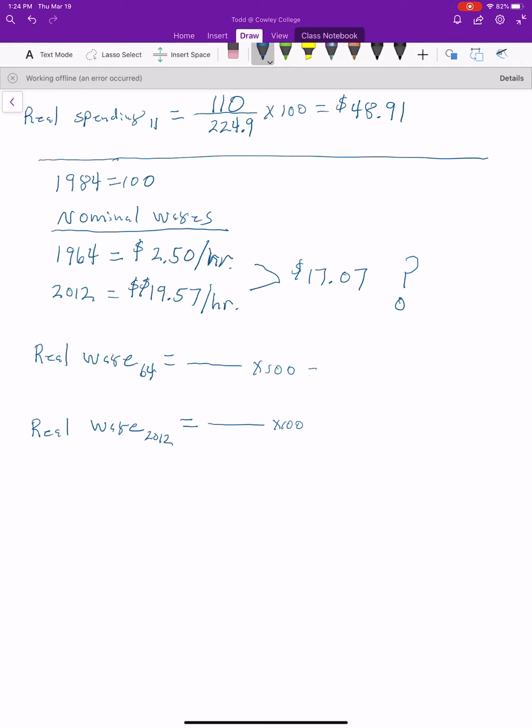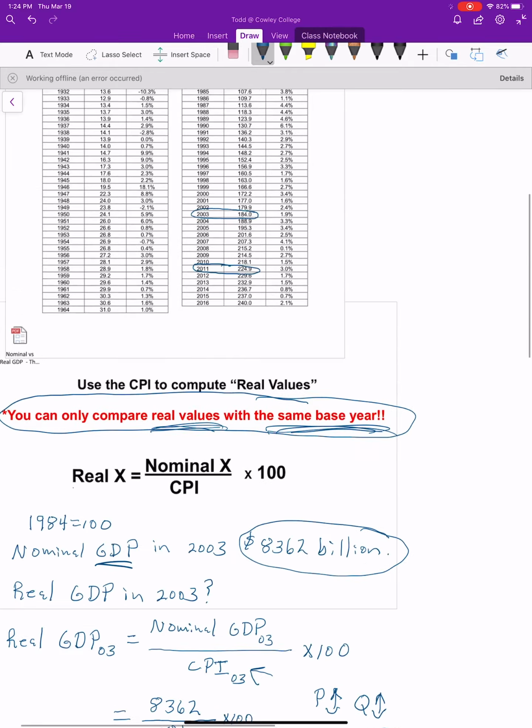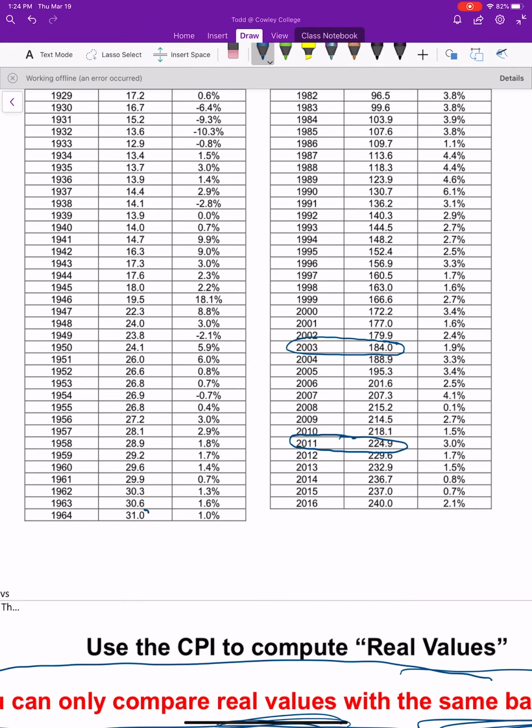All right, so if we calculate our real wage for 1964, then we know that is our nominal wage, which is $2.50, divided by the Consumer Price Index in 1964. So go to your sheet, and you'll notice right here, the Consumer Price Index was the number 31.